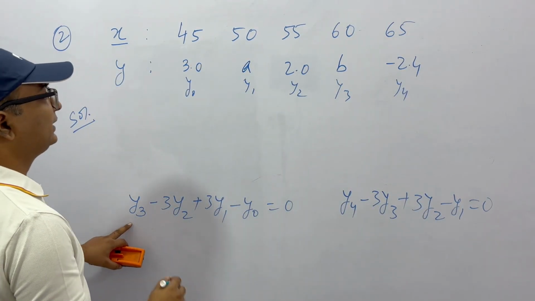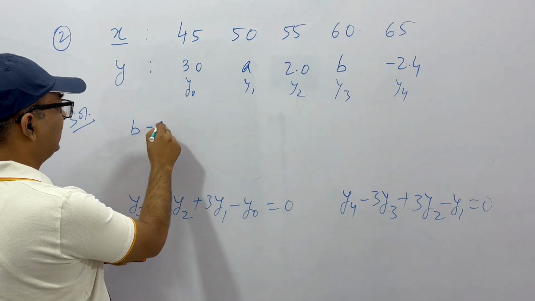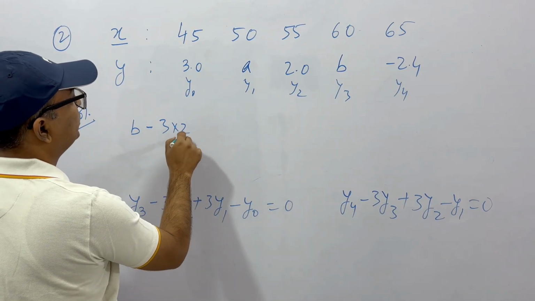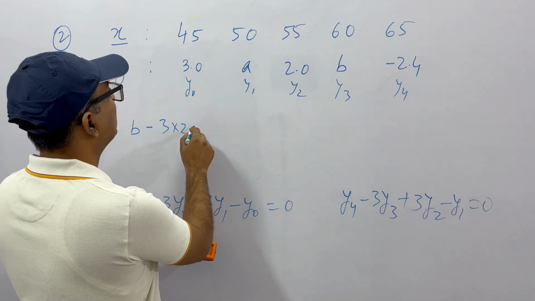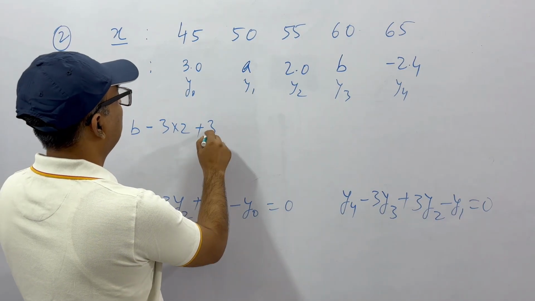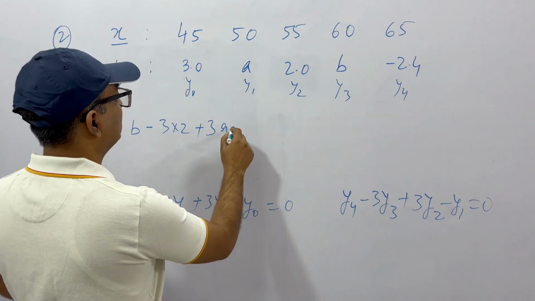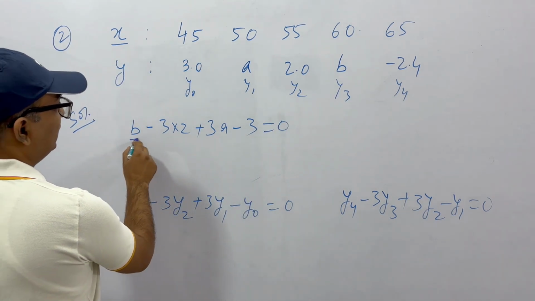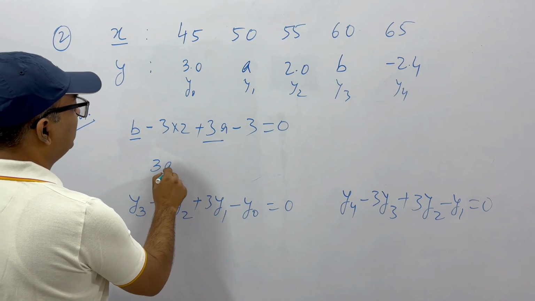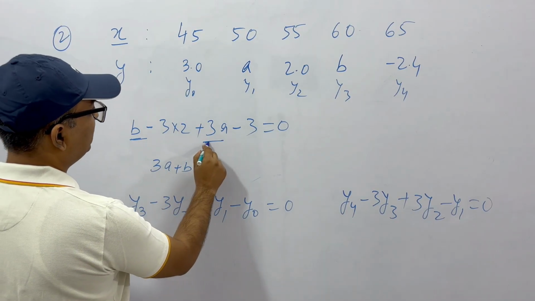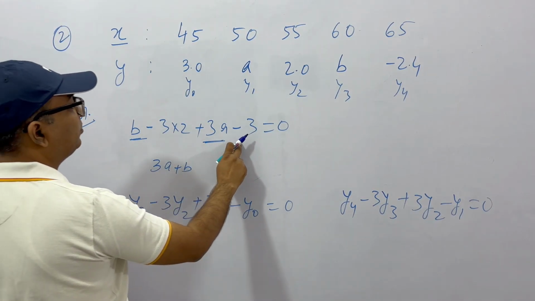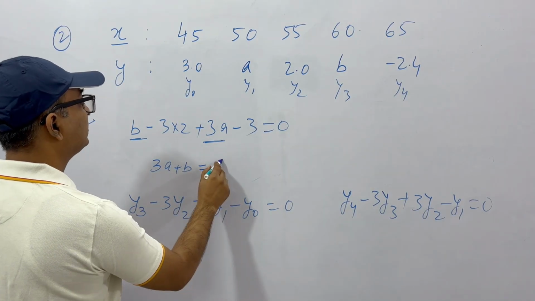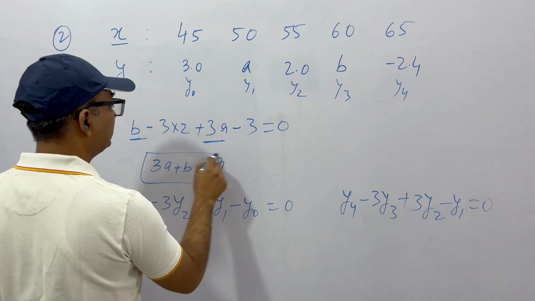So we start from here, y3, that is b, minus 3y2, that is 2, plus 3y1, that is 3a, minus y0, that is 3, equal to 0. What do we get from here? 3a plus b equals 6 plus 3 plus 9. So this becomes 9. So this is our first equation.